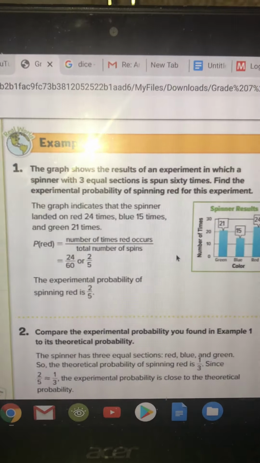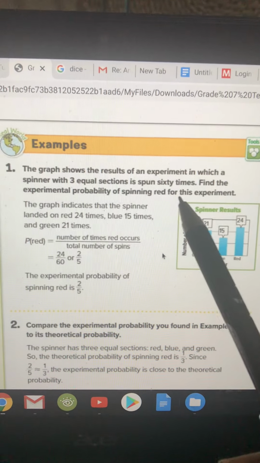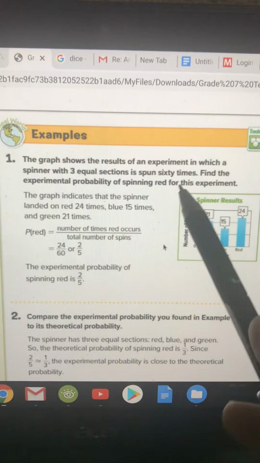I drew this spinner because you need it for this example. So we are here. Example 1. I want to explain it clearly. So there was a spinner like this, and then you spun this black hand, and you counted, and you did it how many times? You did it 60 times according to the question. It says 3 equal parts. So I have 3 equal parts, and the colors are green, blue, and red.